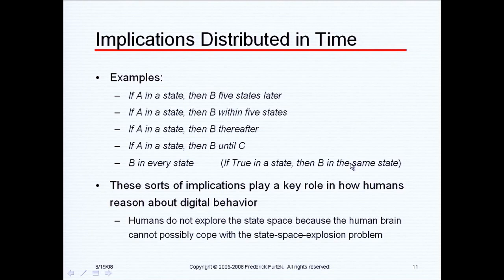Now, these sorts of implications play a key role in how humans reason about digital behavior. I don't care whether we're talking about a programmer designing software or a hardware designer designing hardware. This is how humans reason about the behavior of the systems they're designing. Humans do not explore the state space because the human brain cannot possibly cope with the state space explosion problem.